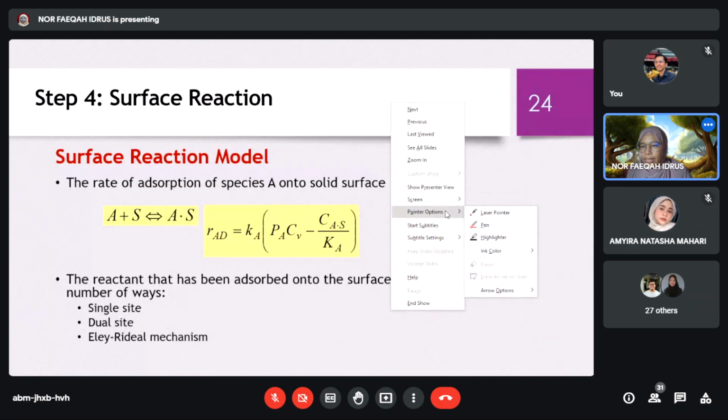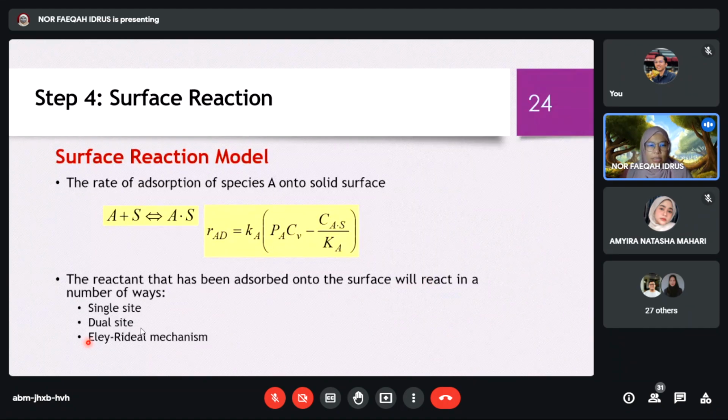Okay, a minor pointer, right. So it can react via single site mechanism, dual site mechanism, or Eley-Rideal mechanism. Okay, the single site and dual site mechanisms we call the Langmuir-Hinshelwood mechanism. And then the Eley-Rideal mechanism stands alone. So Langmuir-Hinshelwood can occur via single site mechanism or dual site mechanism.